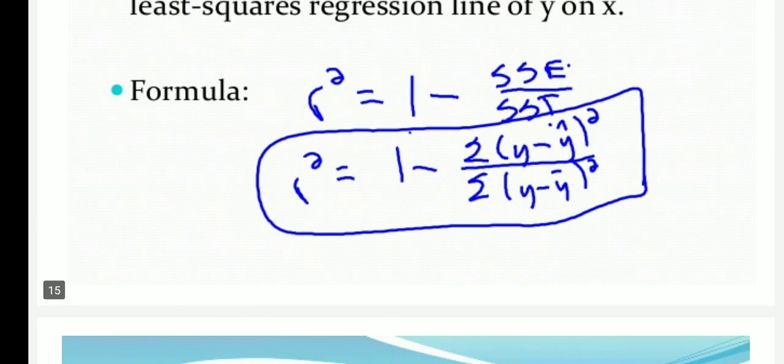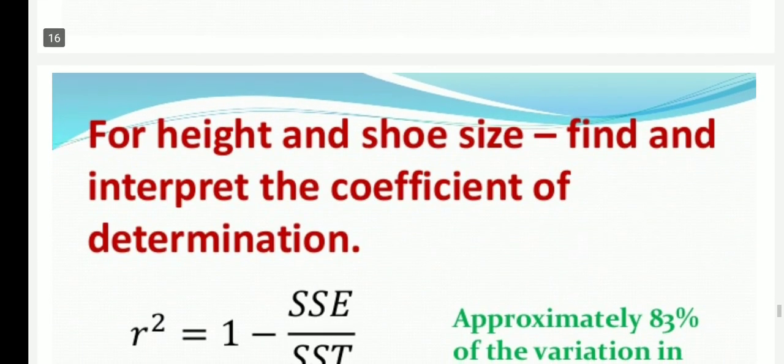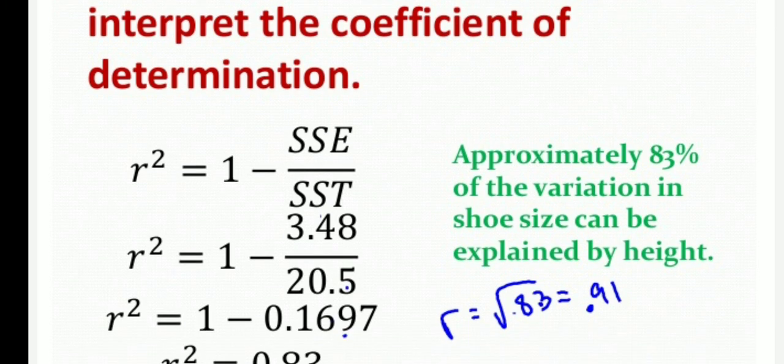See here, the coefficient of determination r squared percent is this. So here, 1 minus 3.48 divided by 20.5.